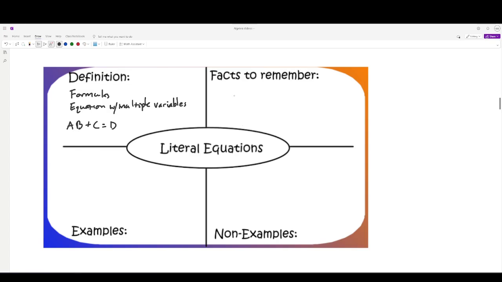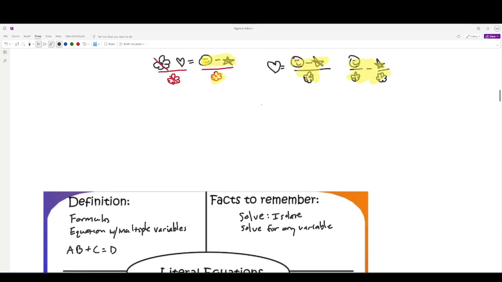Facts to remember. Solve means to isolate. What else? You can solve for any variable. That's the idea of this section: we just solved this for the heart.